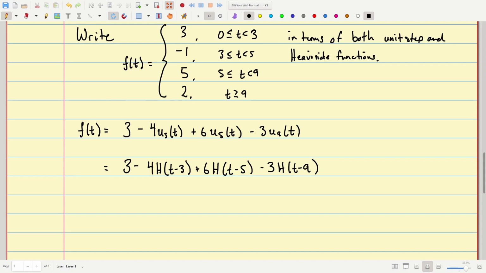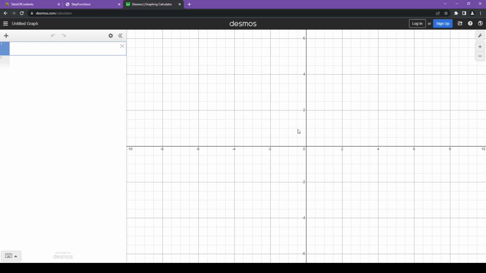These two things should be the same. All right. So if we switch over to Desmos, we'll see if this does indeed work the way that it's supposed to.